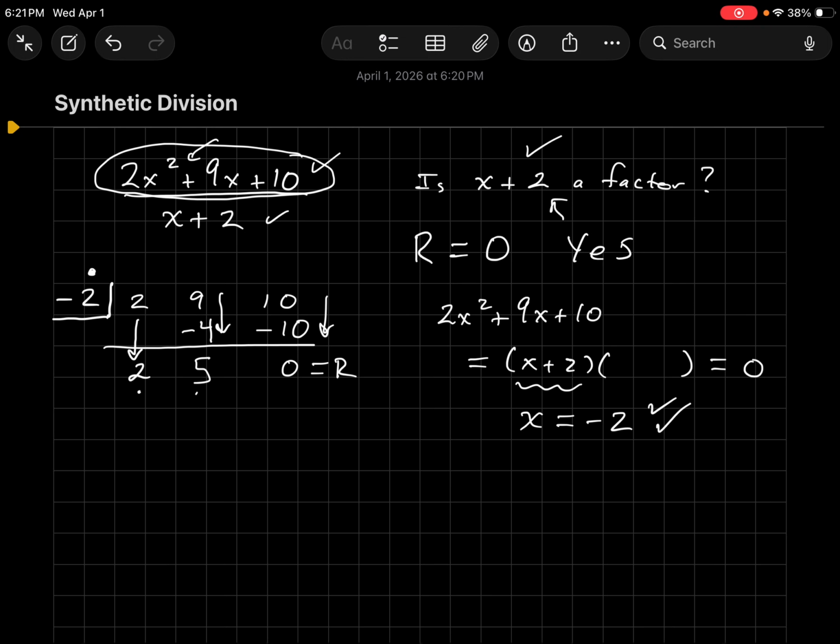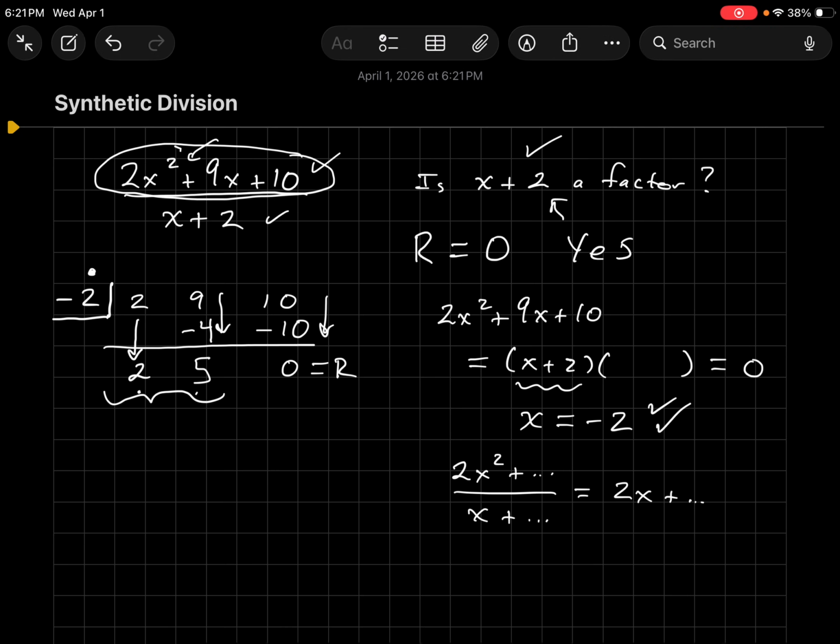There's a little bit more information we get out of the synthetic division. Notice that when we divide 2x squared plus stuff by x plus stuff, looking at these highest powers, we would get 2x plus some stuff, potentially anyways. So that tells us how to interpret these numbers.